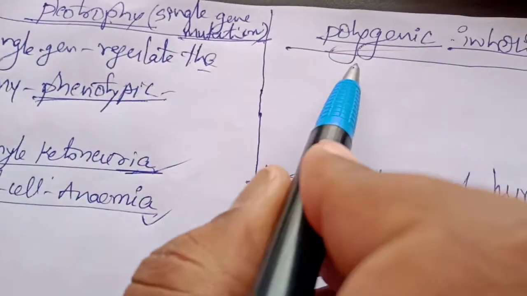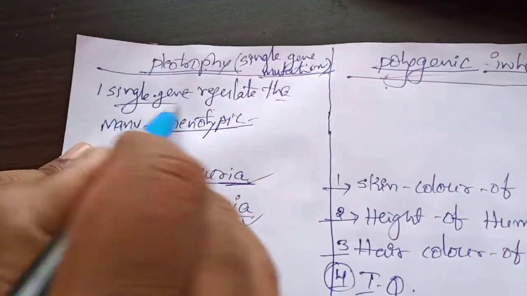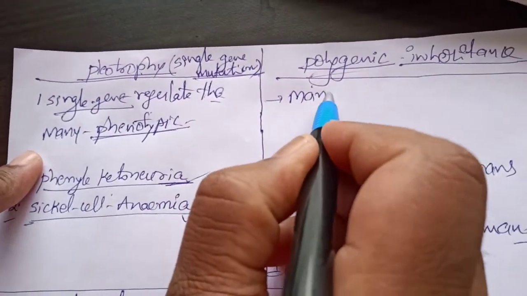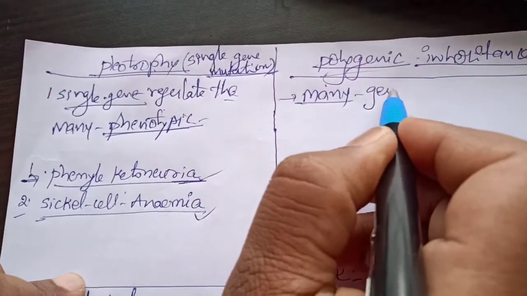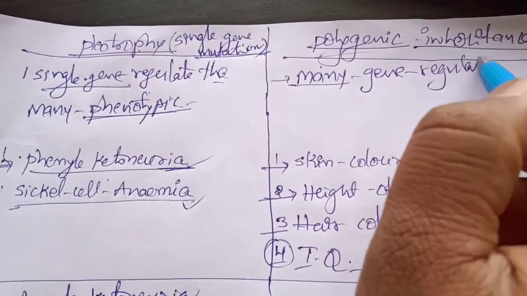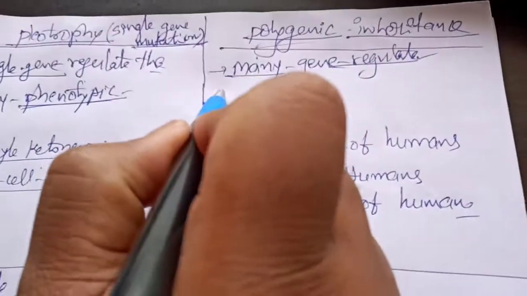And very easy, in contrast to this, polygenic inheritance means many genes regulating a single phenotypic character.